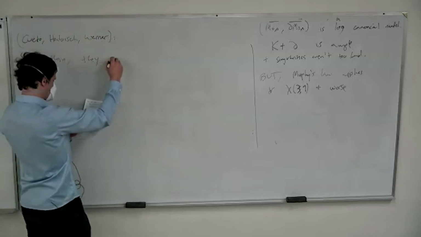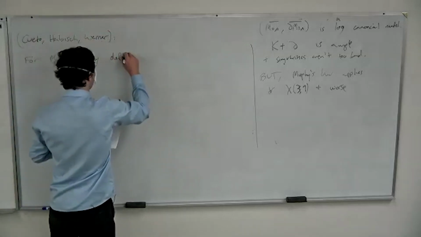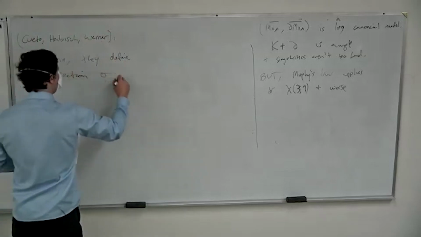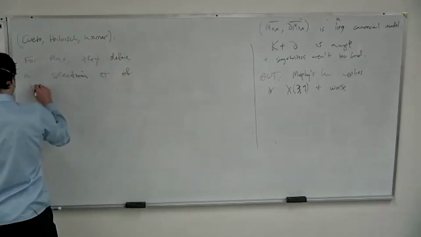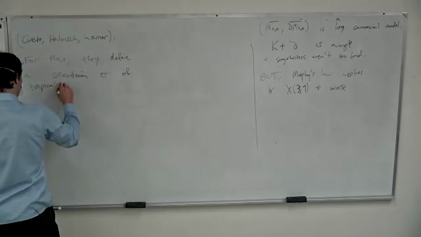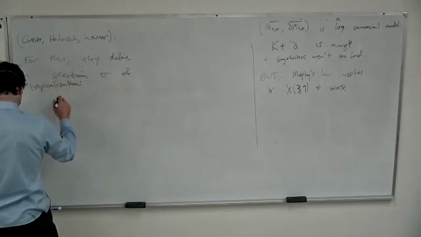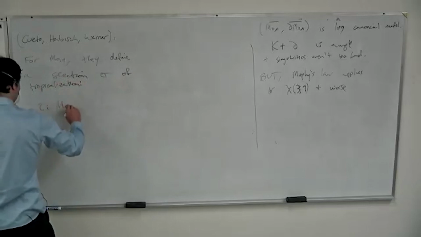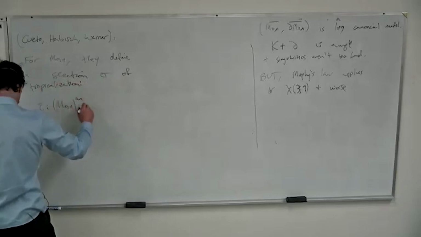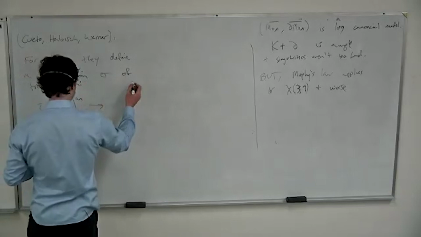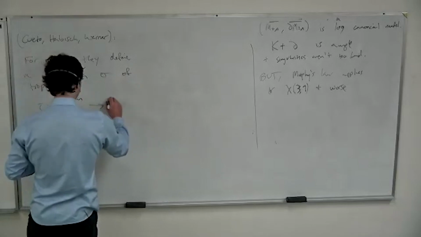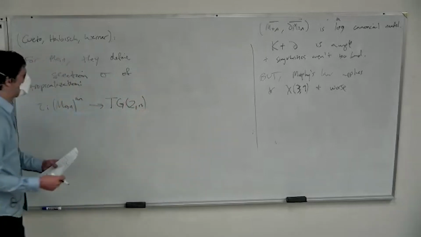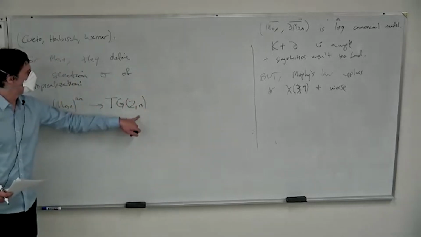They define a section of tropicalization. The idea is you have tau from the analytification to the tropicalization, which, if you know this story, is more commonly referred to as the tropical Grassmannian.